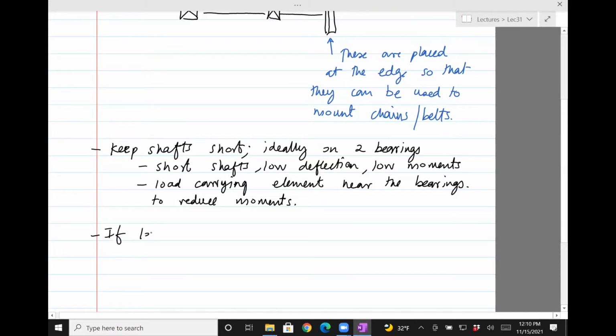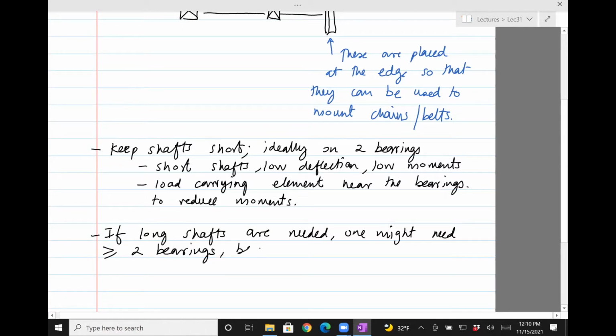So if long shafts are needed, one might need greater than two bearings, which is fine, but then be mindful about alignment of bearings.